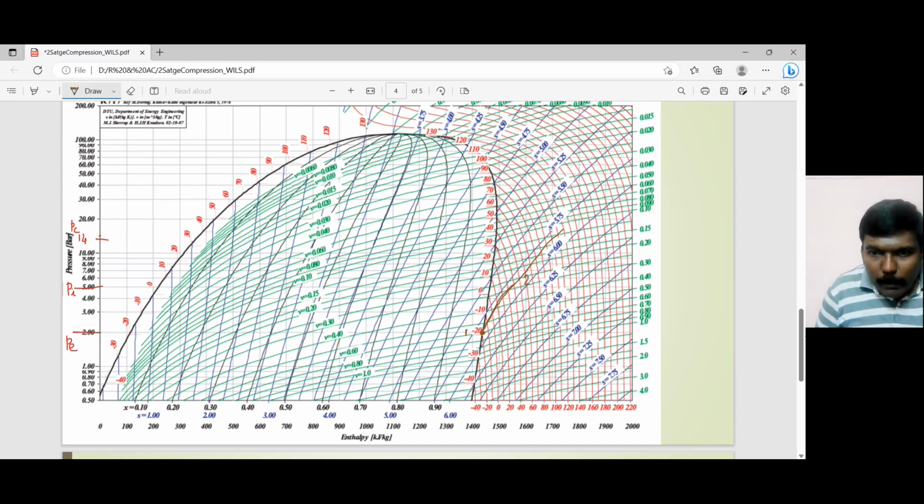So this is my point number 2, and from there I have to draw a horizontal line, and so this is going to be my point number 3. Okay, point number 3 is on the entropy line s equal to 5.75, and once again I have to travel along the constant entropy line till I reach 14 bar. Okay, 14 bar, let's say, is over here.